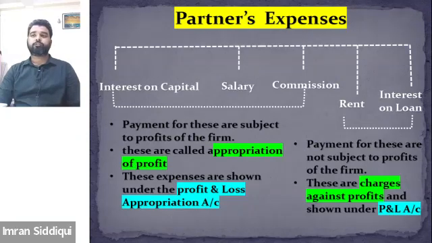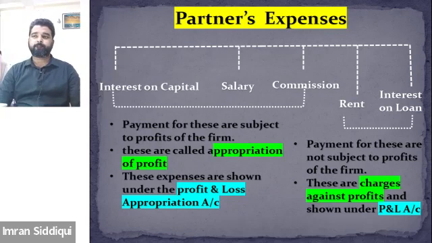I told you that interest on capital, salary, or commission are considered as appropriation of profit. Therefore, these payments need to be made to the partners only when the firm is generating a sufficient amount of profit. If there is no profit, the firm is not required to make the payment for these kinds of expenses.